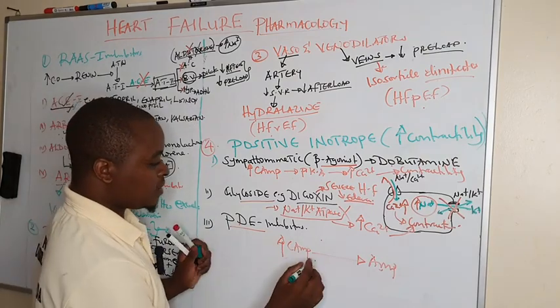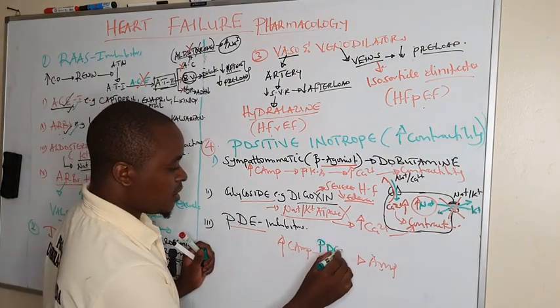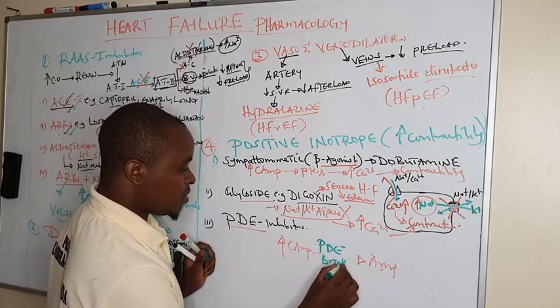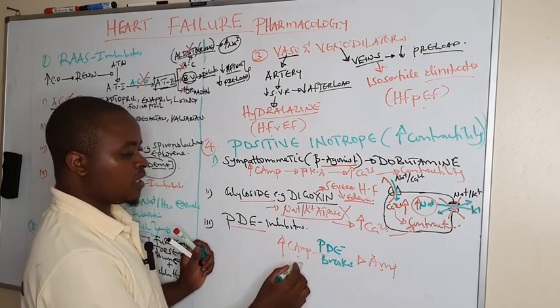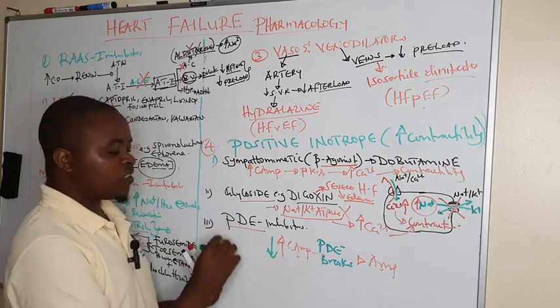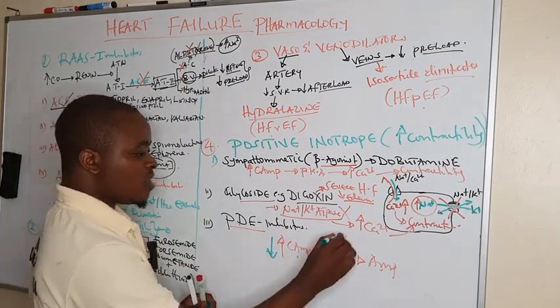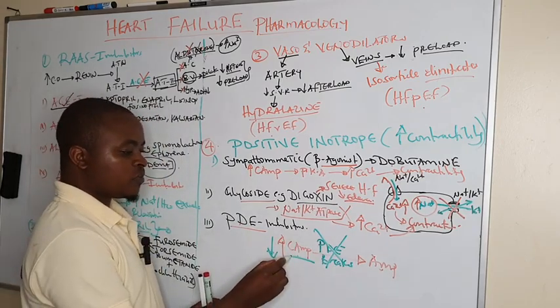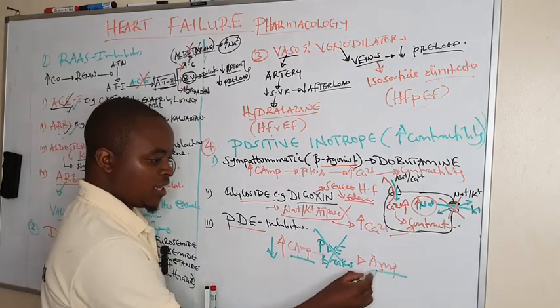It is this phosphodiesterase enzyme that breaks down or degrades cAMP, leading to a decrease in cAMP levels. So what phosphodiesterase inhibitors do is block the phosphodiesterase enzyme, which is responsible for degrading cAMP to AMP.